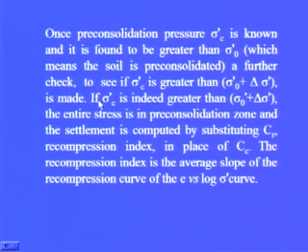If sigma c dash is indeed greater than sigma 0 dash plus delta sigma dash also, the entire stress range is in the pre-consolidation zone, and the settlement is computed by substituting the coefficient of recompression Cr, or recompression index, in place of Cc. The recompression index is the average slope of the recompression curve of e versus log sigma dash curve.